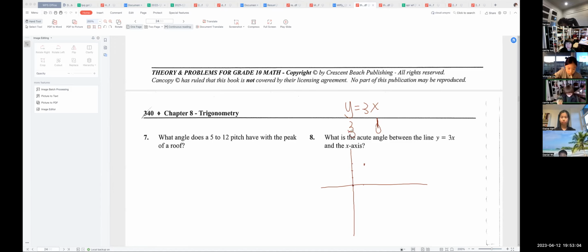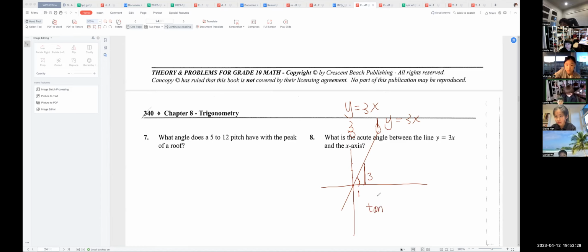So this is the line y equals 3x. Get it? They want to know the angle between the line y equals 3x and the x-axis. 是不是就这个？那这个怎么做呢？把这个画出来。So this is 1, this is 3.